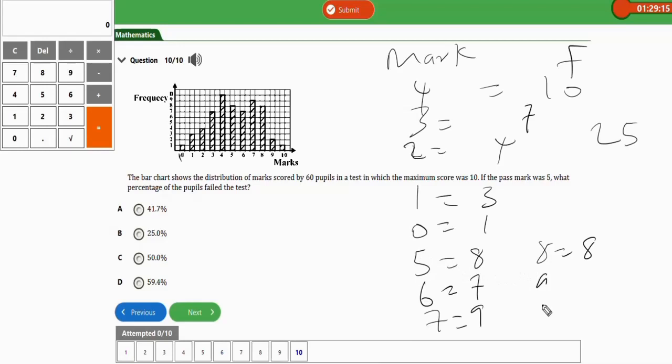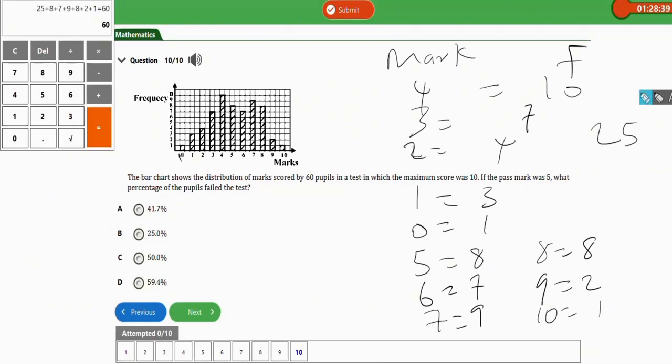Then mark 9, the value is 2. Mark 10, the value is 1. So let's add this on the calculator. Remember, we stopped at 25. That's 25 plus 8 plus 7 plus 9 plus 8 plus 2 plus 1. So what's the output? We have it to be 60.